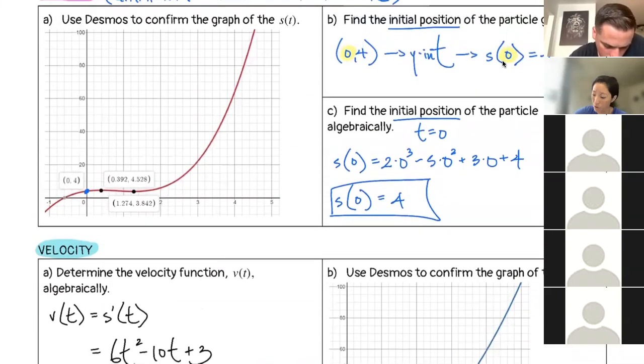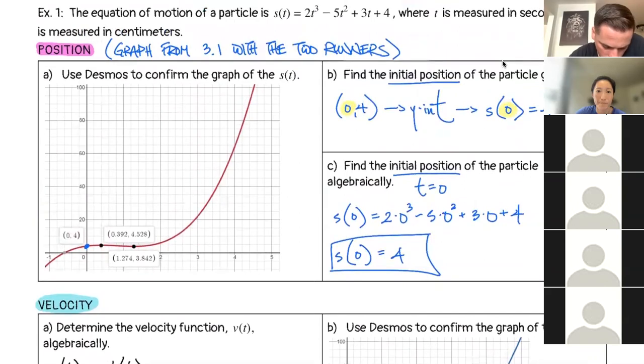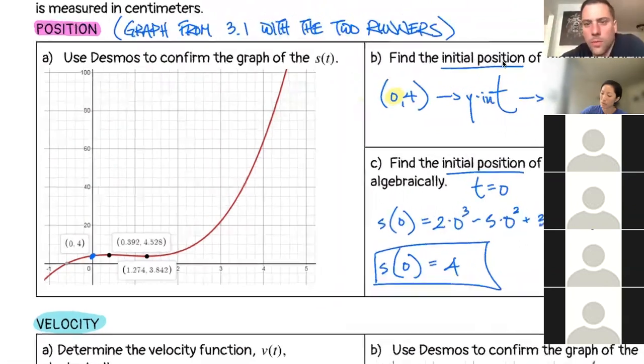Now, if I showed you this graph, the position graph, and I said, where is the slope equal to 0? What would you say? Maybe I can zoom in a little bit here.